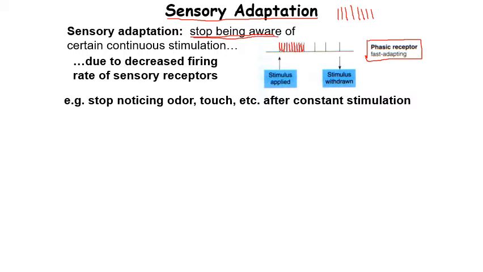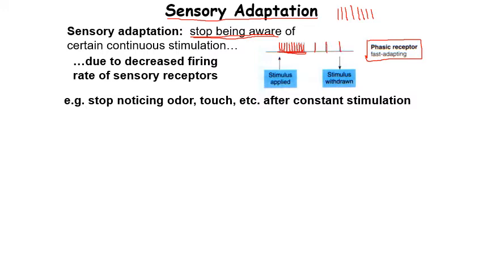And that is because with phasic receptors, the initial stimulus causes them to fire, and your brain is getting lots of signals from those pressure receptors saying, hey, there's pressure on my legs. But as the stimulus is continually applied, those receptors slow down the response to the stimulus.